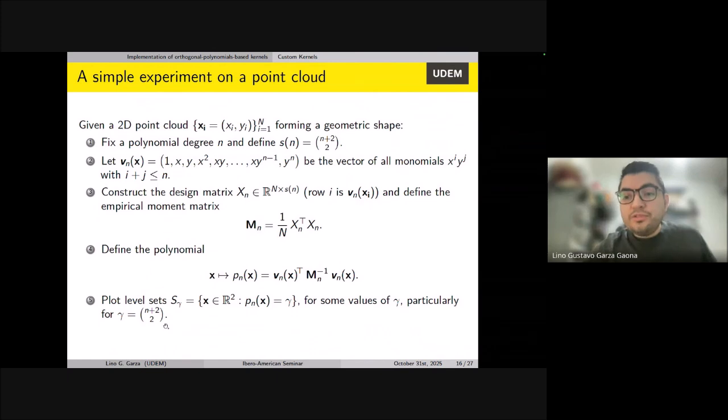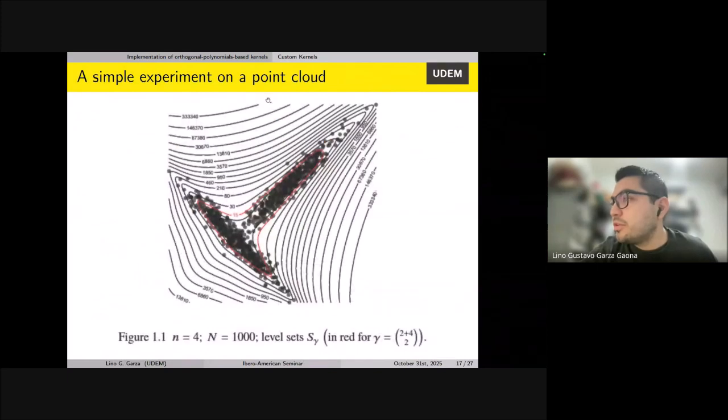So when one does that to any cloud of points, you get some result like this.